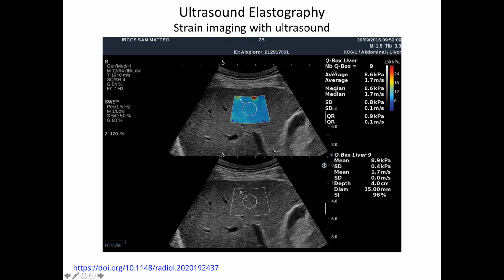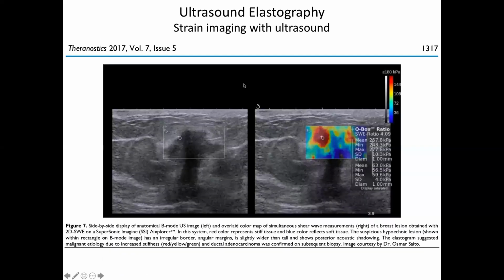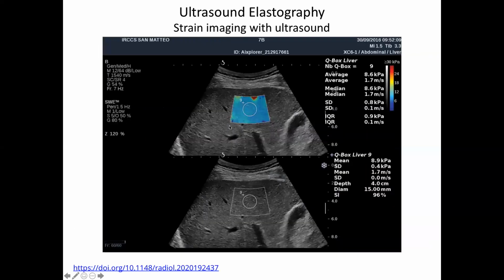They didn't have a liver image in this big review article, although it seems to be the primary application for this. The reason is that your liver tends to, as you get older, you drink a lot or you get sick, fibrose. You get a lot of fibrotic tissue in the liver and it gets stiffer, right? So measuring this stiffness is something you should probably do on a physical.